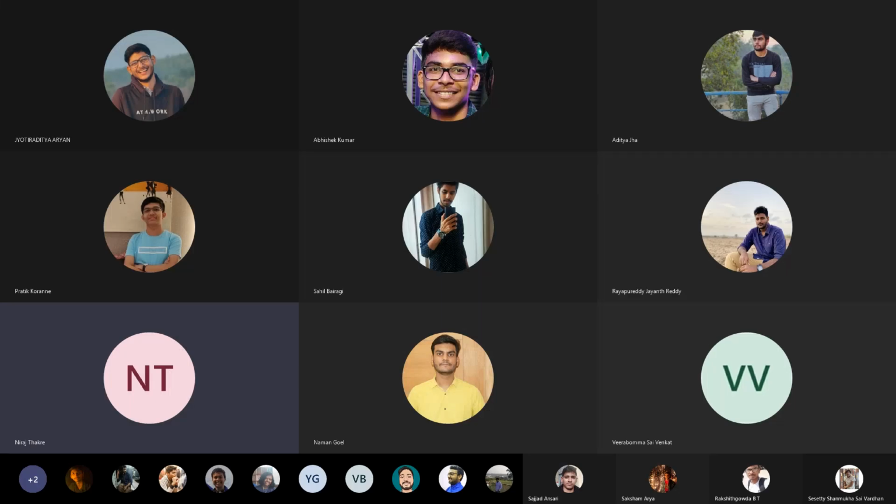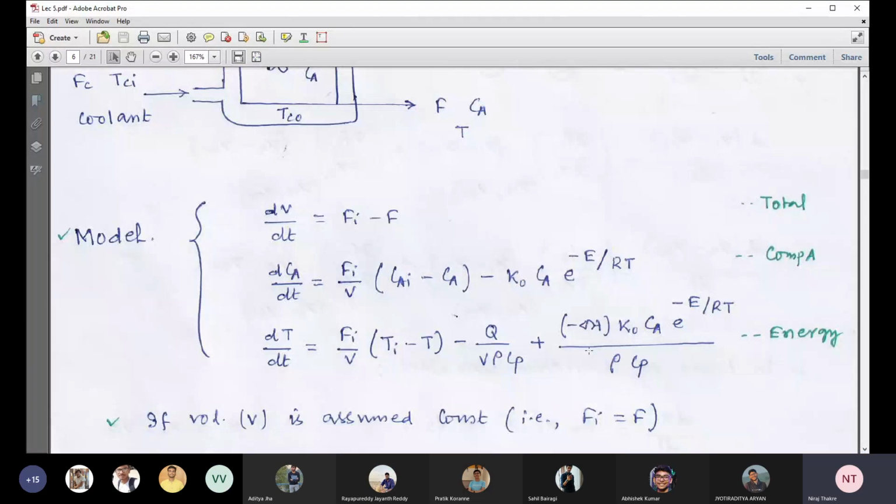Linearize the developed nonlinear model. For that, at the beginning, just for simplification, we are assuming that the volume is constant.